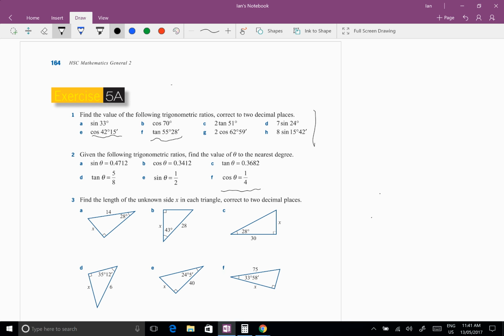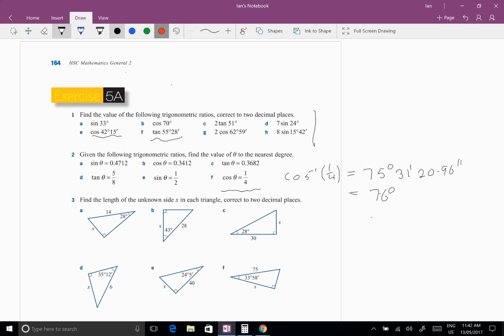If I go inverse cos of a quarter, which you should be able to do, inverse cos of 0.25, I get 75 degrees, and I hit my magic button, and inverse cos of 1 on 4 will equal 75 degrees, 31 minutes and 20.96 seconds, which is 76 degrees.